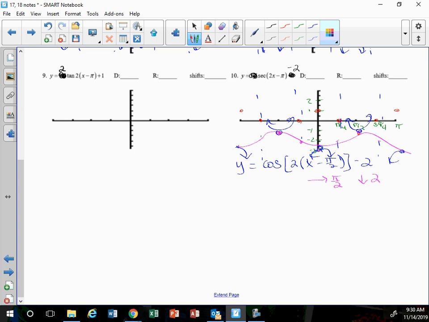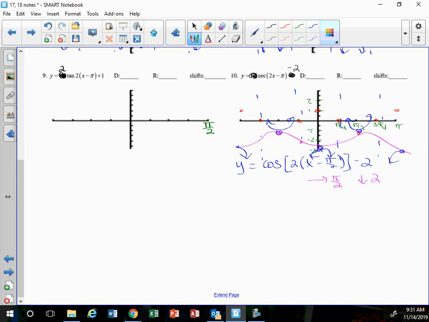Then I have a 2 for a b value, so what's that going to change? Okay, the period is pi over 2. We'll put that last tick mark in there. Then it says minus pi, so where am I going? Right pi. Is that going to change anything? No, because isn't that just like shifting 2 periods worth of this graph? Do we see how right pi is just all the way around?